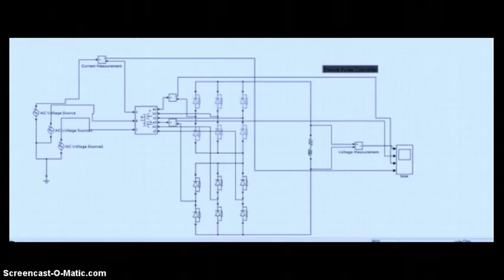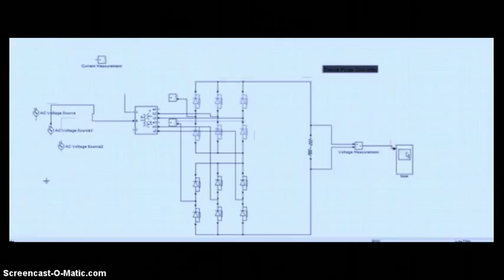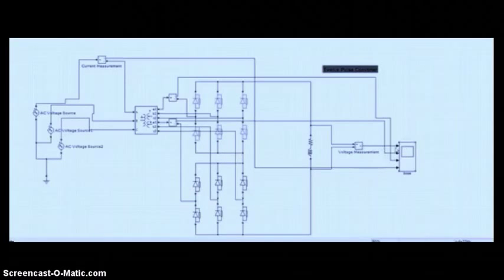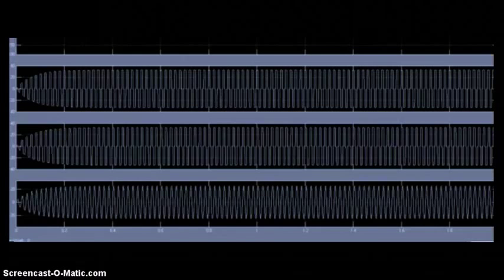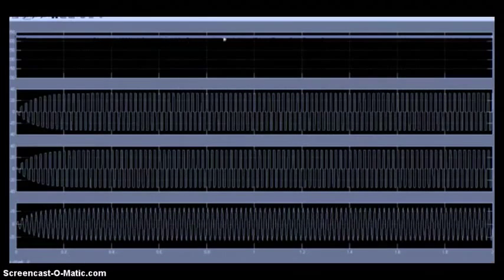So now I am going to start the simulation, and the total time is set at 2 seconds. Then we will analyze the output voltage, the current of the secondary windings, both the secondary windings and the primary winding. As you can see here, the top channel of our scope is the output voltage.